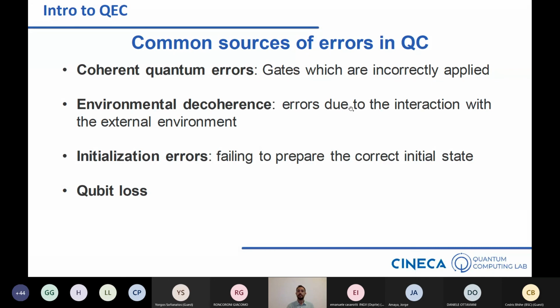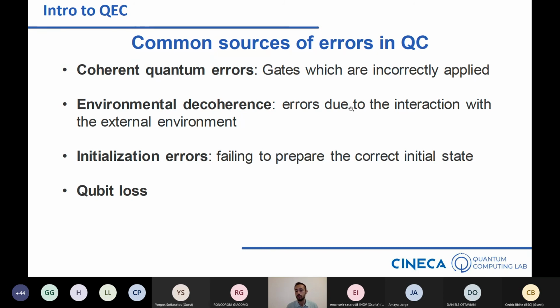Some efforts right now are in the mitigation of errors. As I said before, we want to do as much as possible with these noisy quantum devices, which have intrinsic errors, errors that we cannot avoid. So somehow we try to subtract the noise that we know is going to happen.